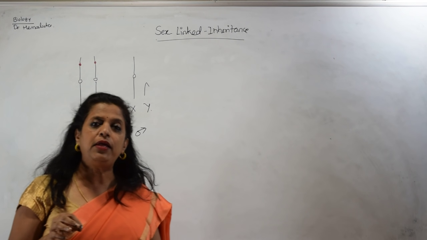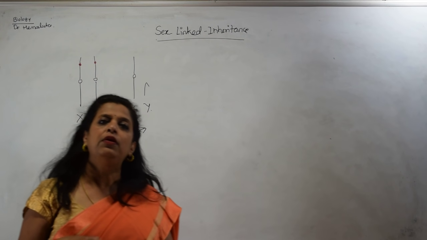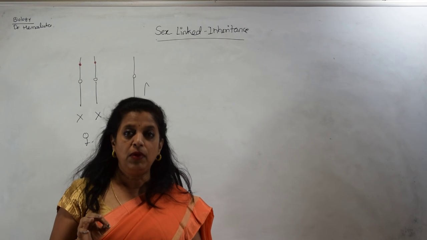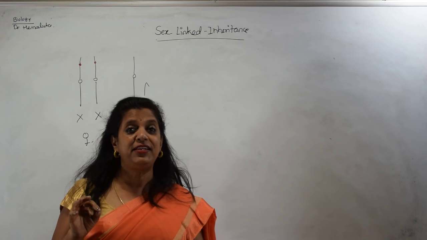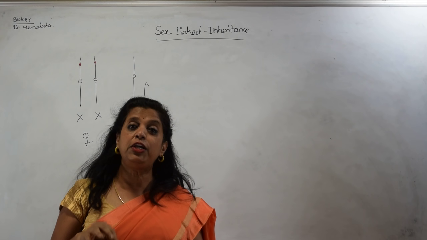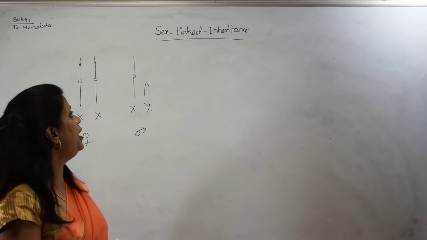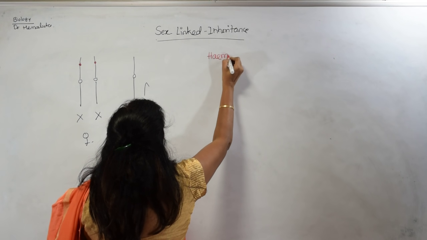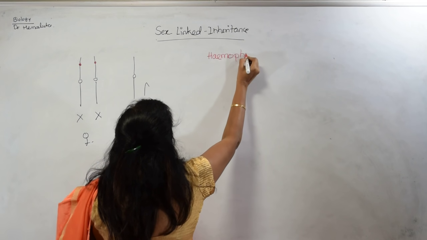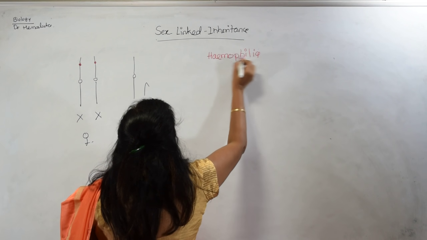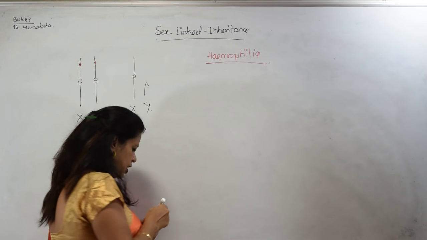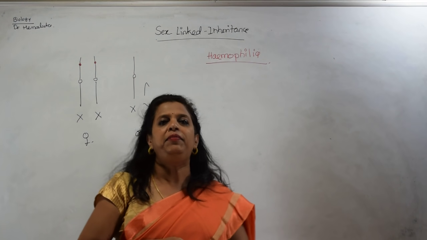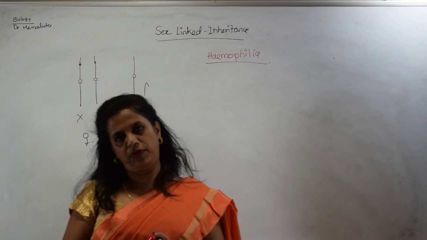But there are certain characters or genes that are linked with the X chromosome, and they cause certain disorders, genetic diseases. One of the examples is hemophilia. I'll explain with the same example. Before that, let me give you the details of hemophilia.